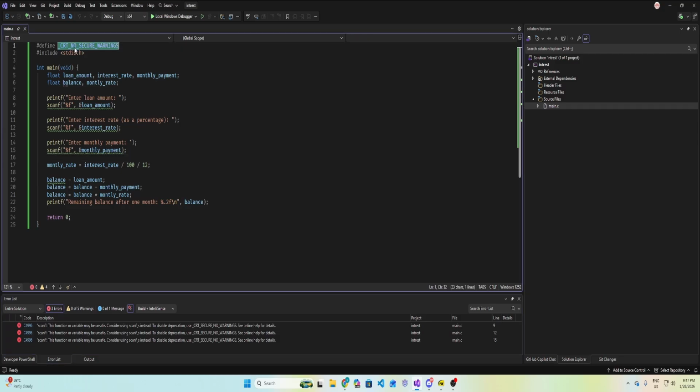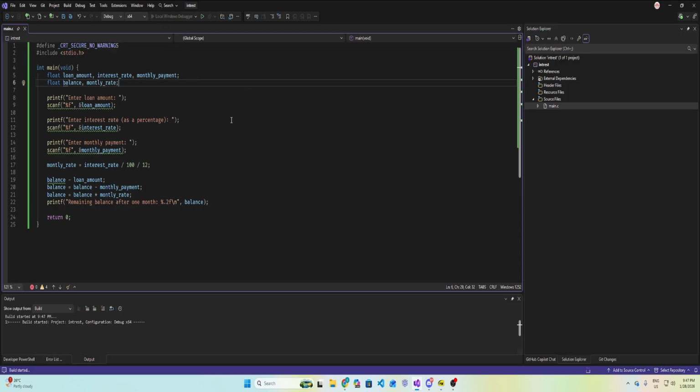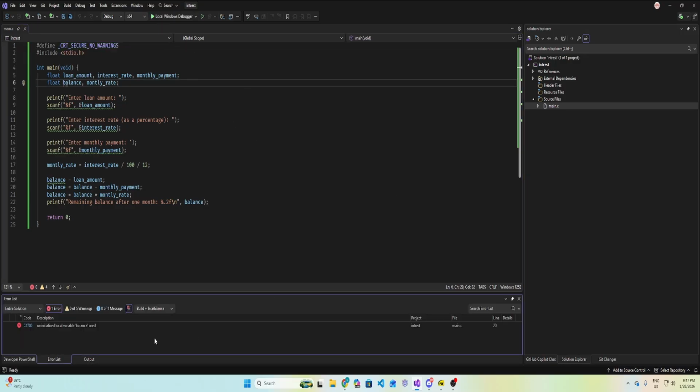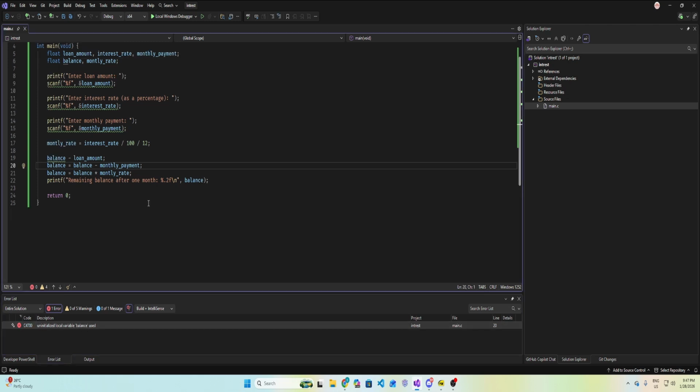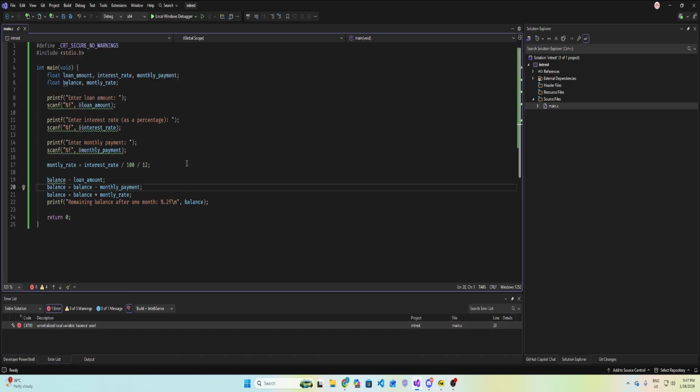Ay, ay, ay. I just can't win, apparently. Uninitialized balance used. But balance is just there. Why does it say it's not initialized?